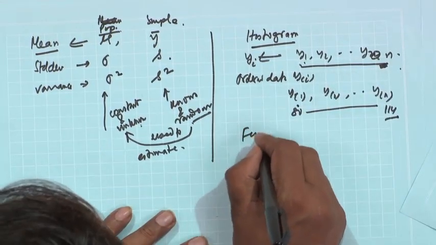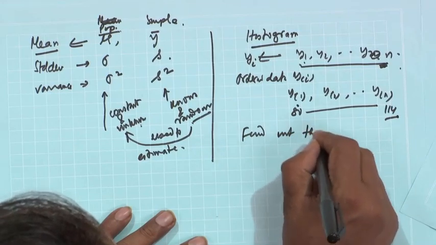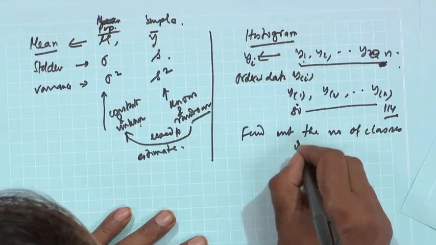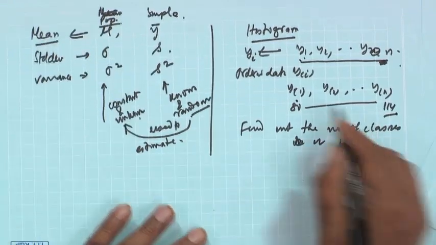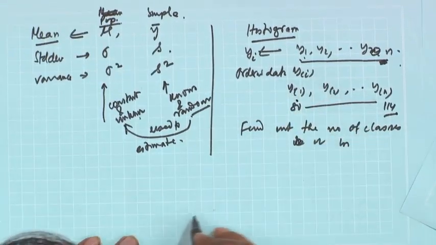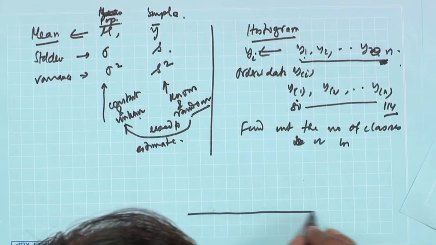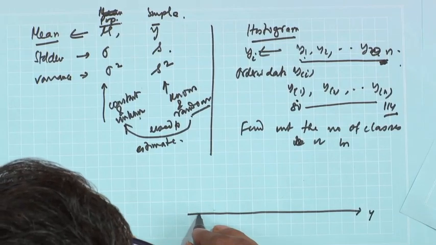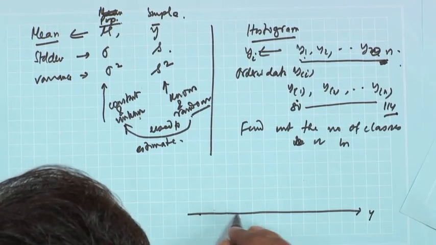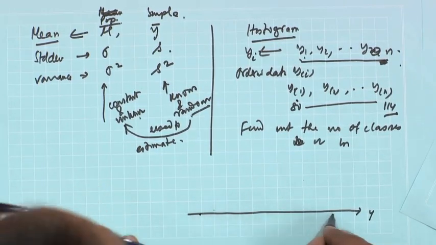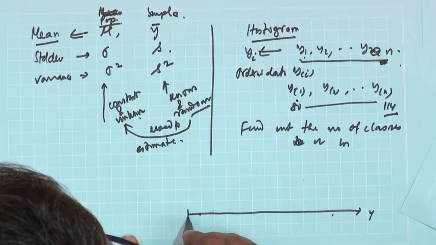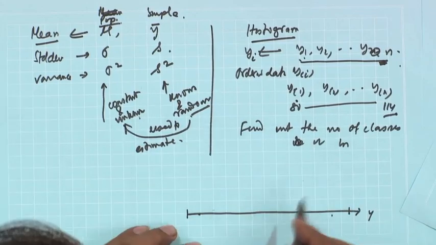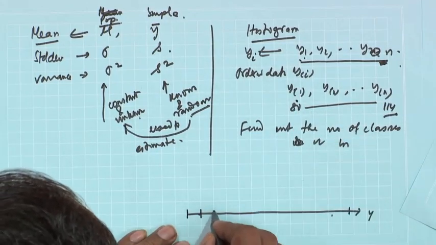Then find out the number of classes or bins. What you want when you develop a histogram: instead of considering every data point one after another, you take the min and max and divide into equal intervals.